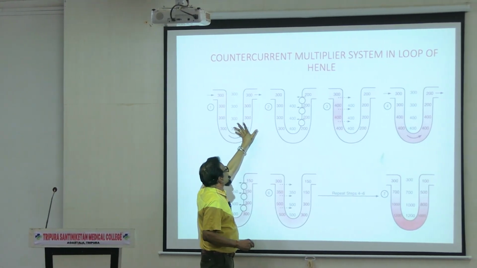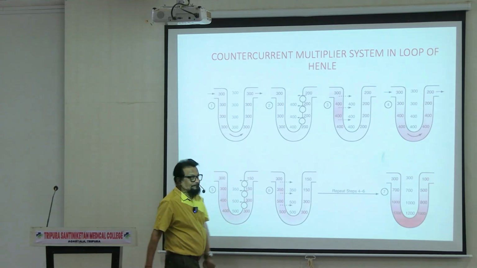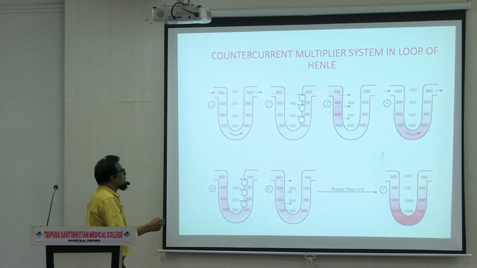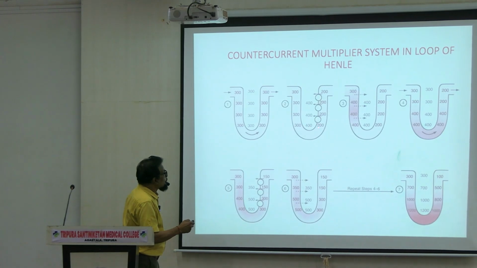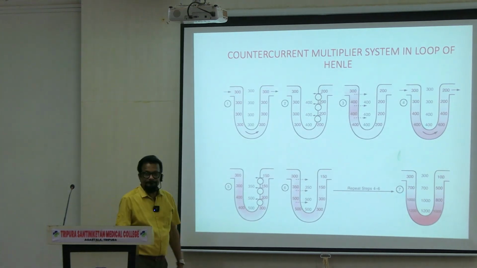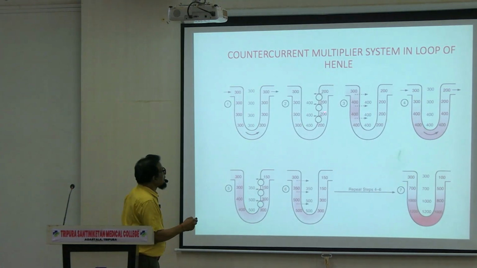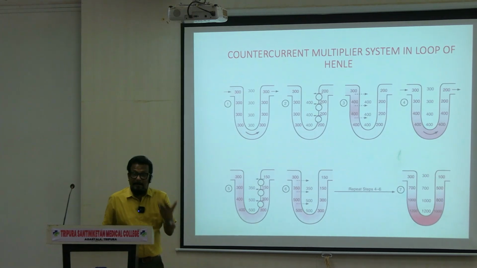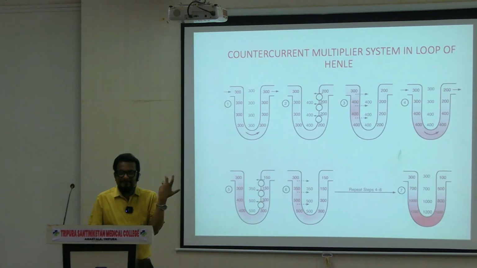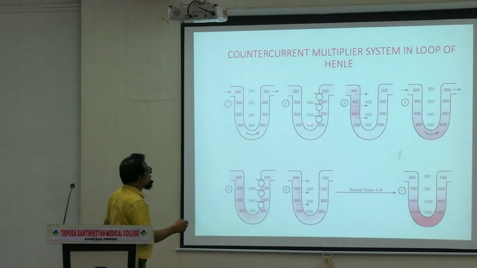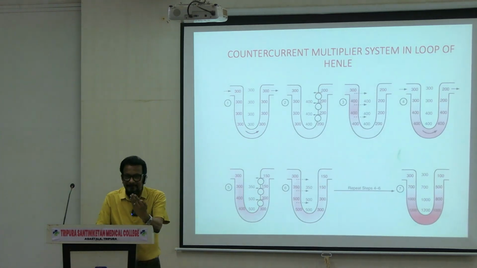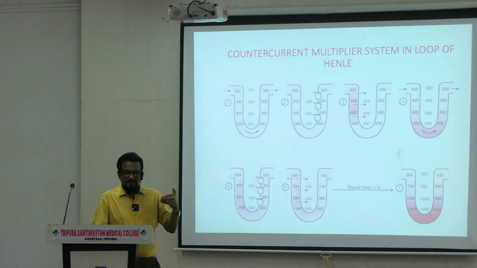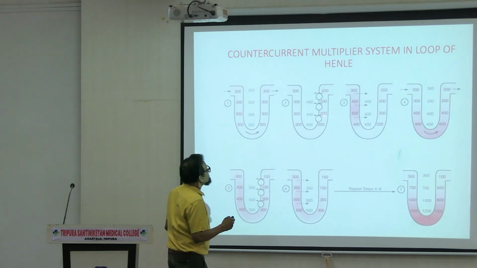Now what happens? If I keep this like this, from here sodium chloride will be diffusing, because this limb is permeable. Suppose 100 units are diffused.